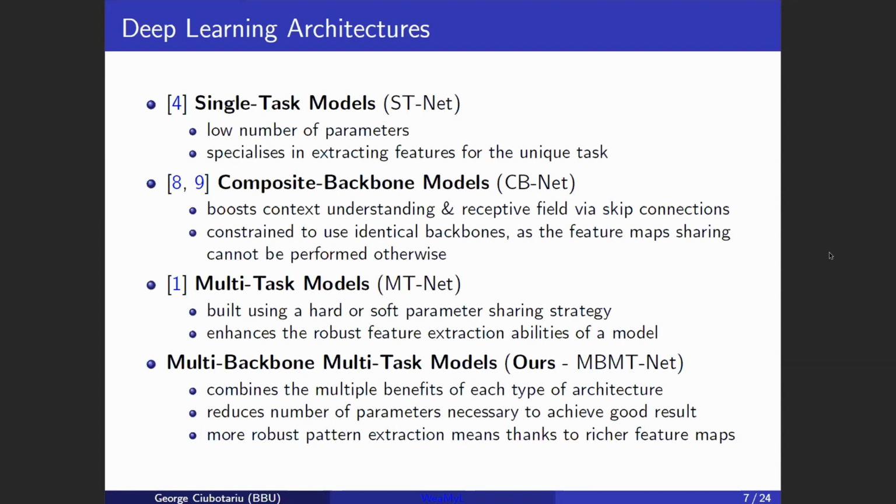Speaking about the multitask models, there are two architecture types for this: the soft sharing and the hard sharing of parameters.